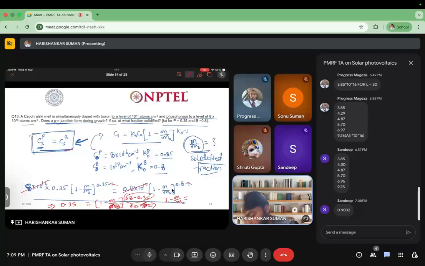You will get 0.35 to the power 1 by 0.45, and m by m naught we will get around 0.902.